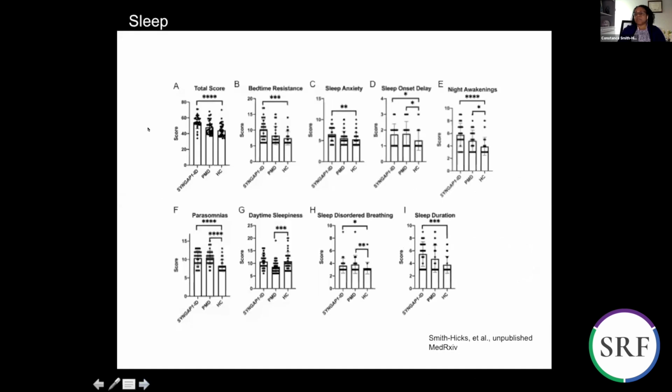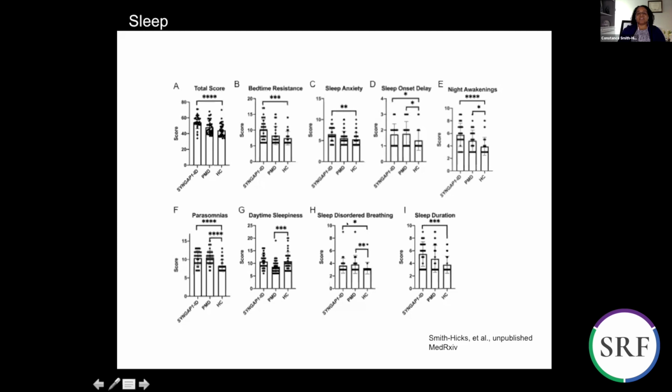Now, sleep in SYNGAP, we have done some work in collaboration with Jimmy Holder using the Childhood Sleep History Questionnaire. And what we're reporting here is that patients with SYNGAP had pretty elevated total scores when compared to typically developing patients. The increase in scores results from increased bedtime resistance, some degree of sleep anxiety, sleep awakening, sleep disruption, and parasomnias.